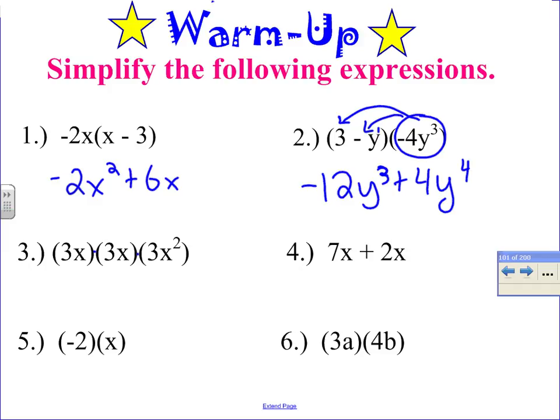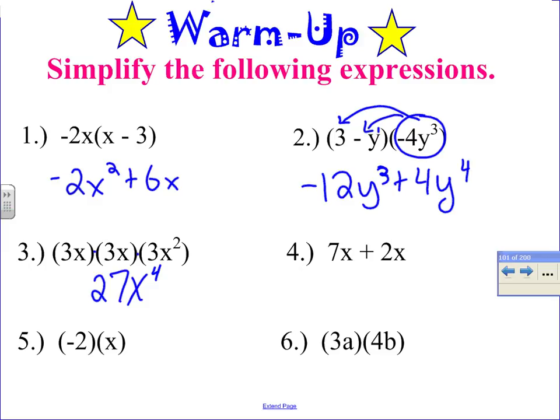Emma H. It is. Here's why. 3x times 3x is 9x squared. 9x squared times 3x squared, so 9 times 3 is 27.